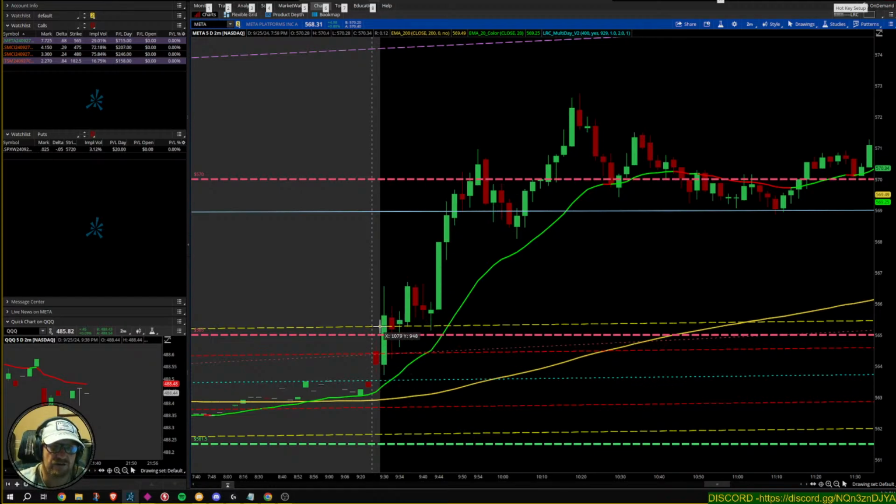Say you got in here, you added here, you hold this, you don't get out, you hold it because you have not closed consecutively two red candles. This would be your exit.